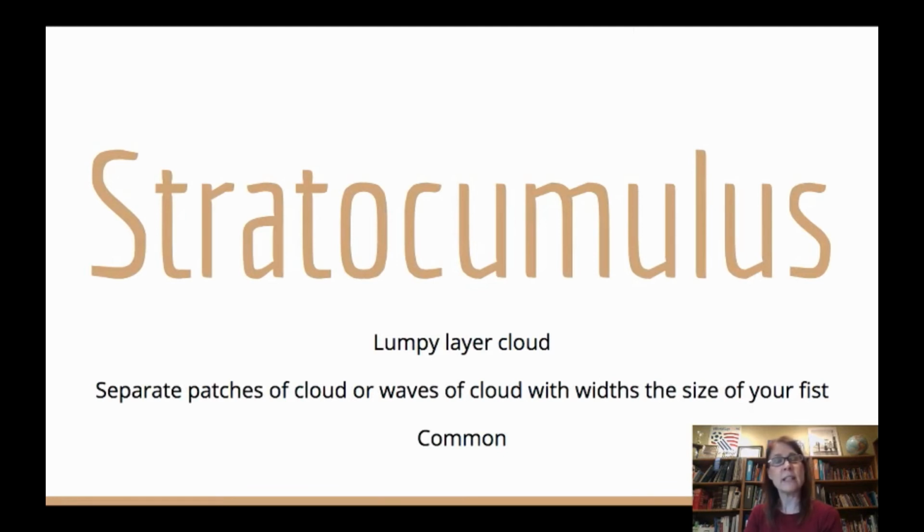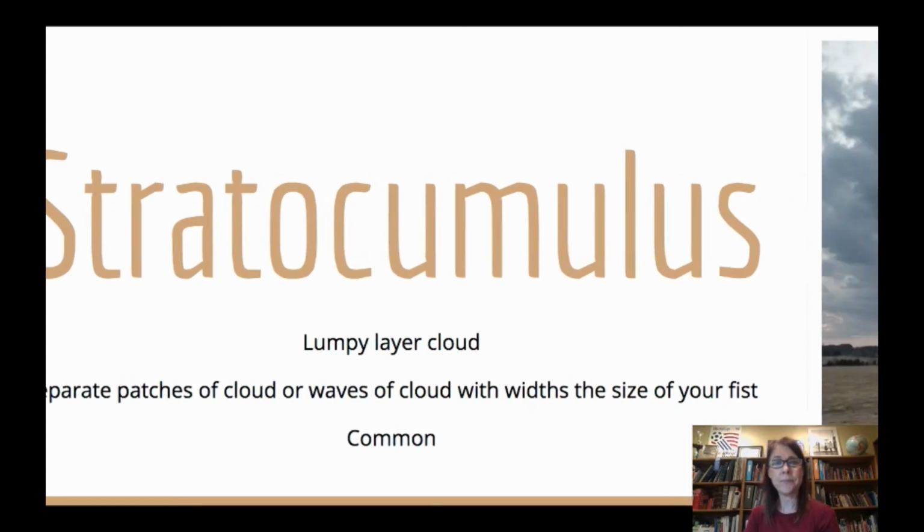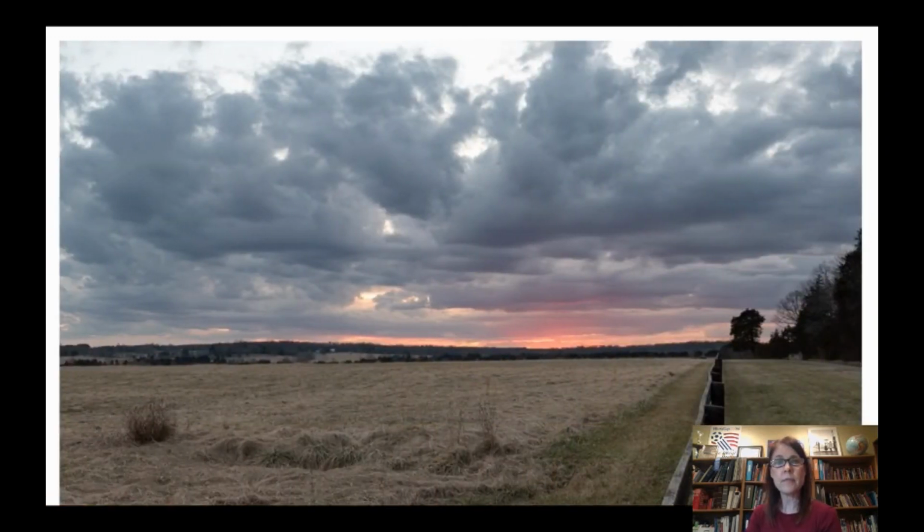Strato means layers, cumulus, puffy. So a stratocumulus cloud is a lumpy layer cloud. One way to identify this cloud is again to stretch your arm out, but this time make a fist. Each puff should be a fist width apart.